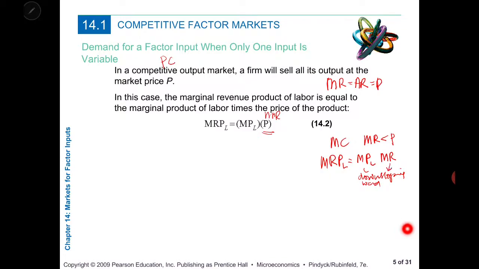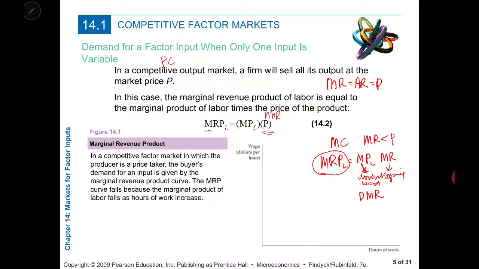MR is downward sloping because of monopolistic market power. MPL is also downward sloping because of diminishing marginal returns. So you have two reasons why the MRPL will be downward sloping. Compared to the perfectly competitive market, where MRPL is downward sloping simply because of MPL's diminishing marginal returns, but price here is usually constant and perfectly elastic.